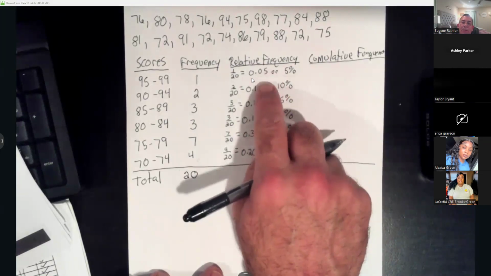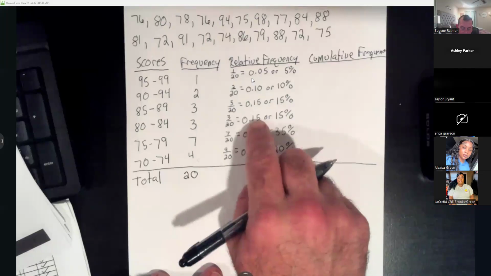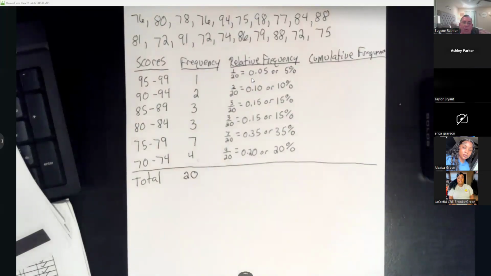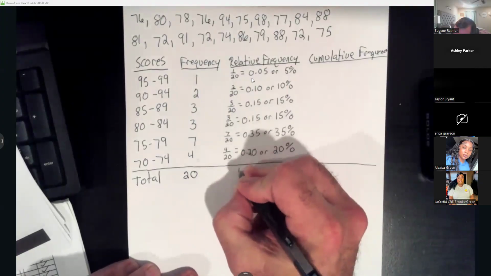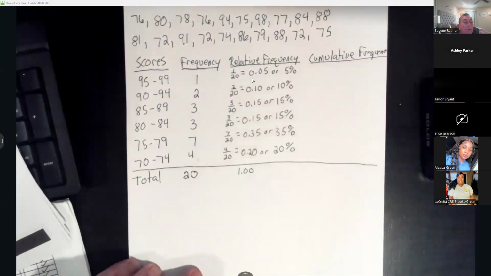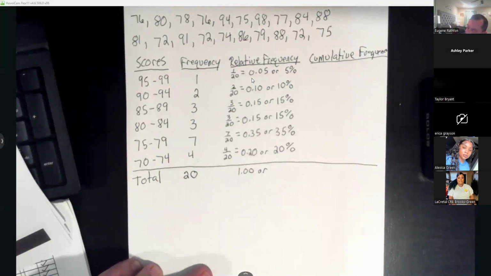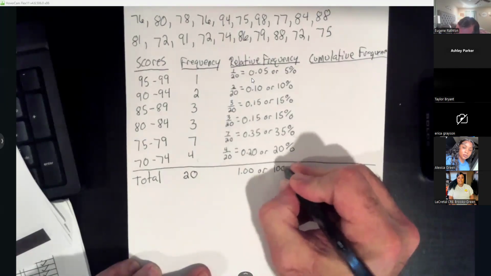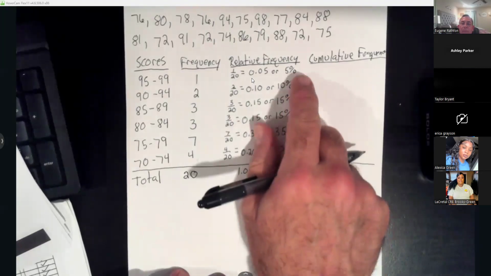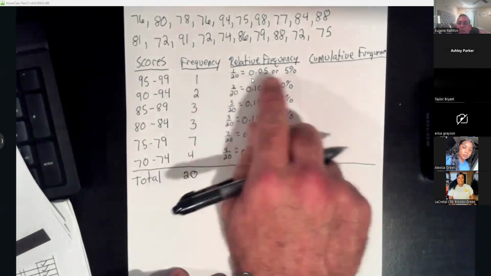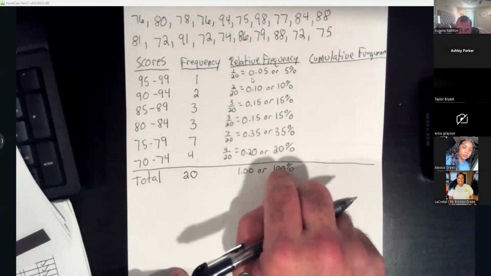Or you can add all this up, 0.05 plus 0.1 plus 0.15. Add all them up. Either way, if you added all the decimals up, you should end up with a 1.00. Or in percent, Taylor, that's perfect, 100%. And that makes sense. If this is the percent that each one's happening, when you add them all up, you got to get 100%.